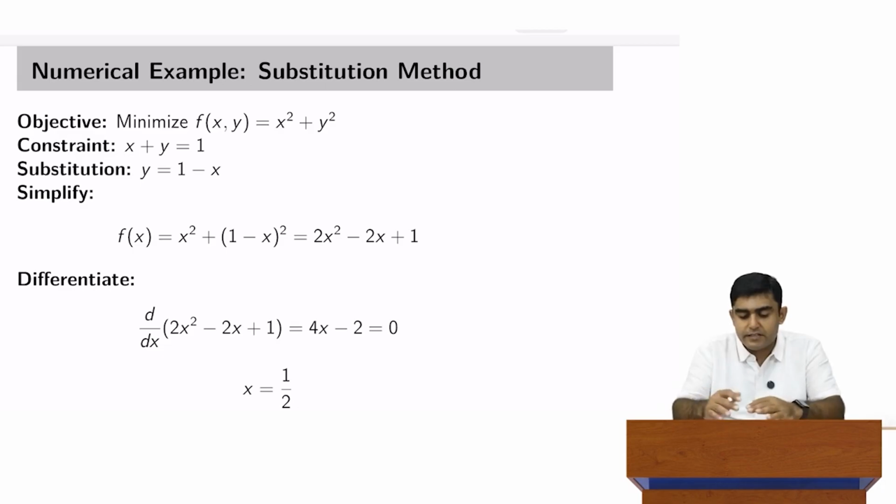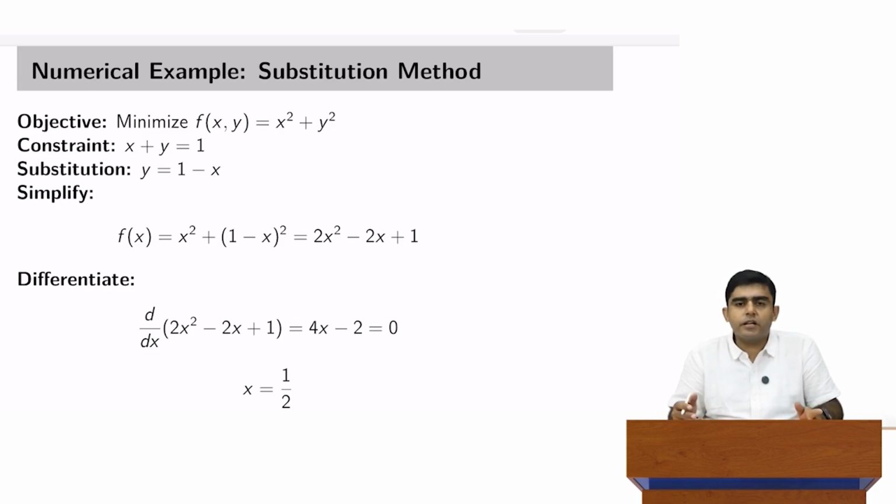If I state this as an unconstrained problem, if I say minimize x square plus y square, you would say that in the real domain the answer is 0, because if you provide x as minus infinity or y as minus infinity, this value will become infinity, which means negative values are not helping us go towards the minimum. So, the minimum value is 0 at x equal to 0 and y equal to 0.